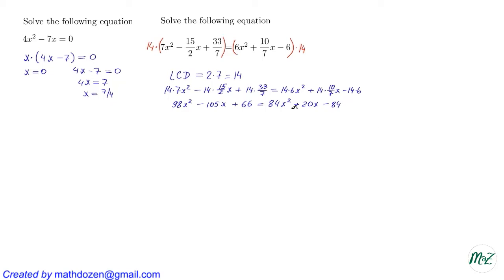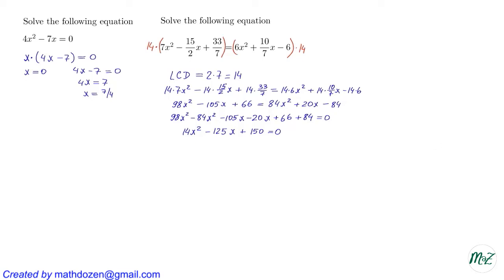So then we're going to move all the terms onto the left-hand side. So we end up with 98x squared minus 84x squared minus 105x minus 20x plus 66 plus 84. And combining like terms, we end up with 14x squared minus 125x plus 150 equals 0.